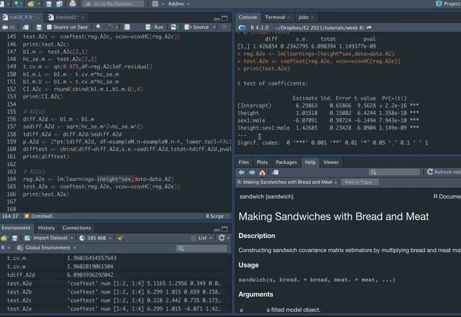What is 0? 0 is female, 1 is male. By the way, this is a very bad way of coding variables. So take this as an example of how not to code a variable. You should not code a binary variable sex, because we don't know what the labels mean. It's not intuitive. So if you're coding sex in such a way that 1 means male, then it's better to call that variable male.